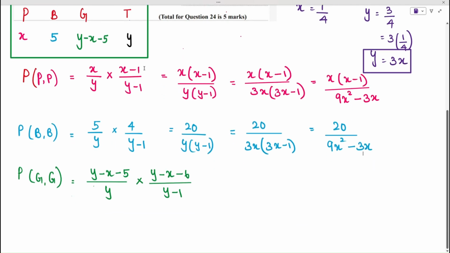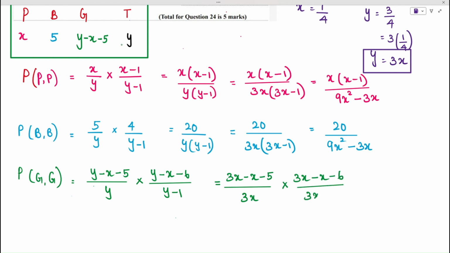Now for finding the probability of 2 greens, we have to substitute our 3x into our numerators as well as our denominators. So we're left with 3x minus x minus 5 all over 3x times 3x minus x minus 6 all over 3x minus 1.